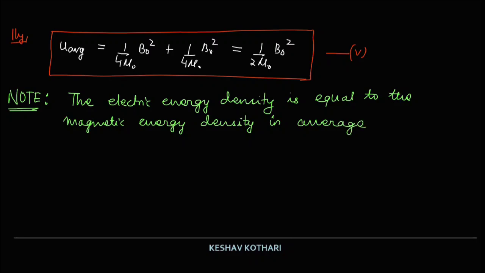So this is a very important note. It must be very well kept in mind that the average value of the electric energy density is equal to the magnetic energy density.